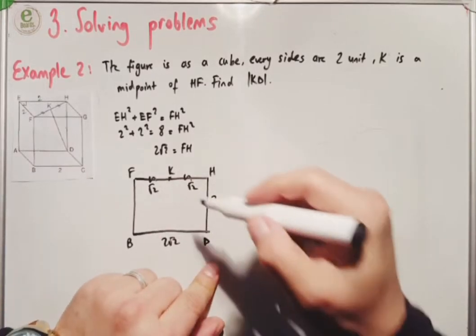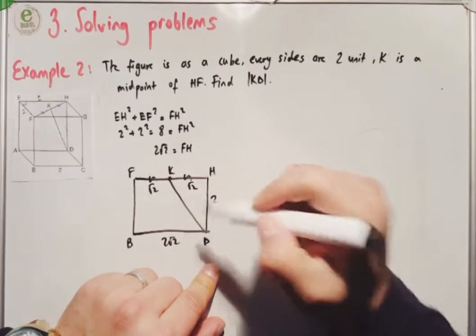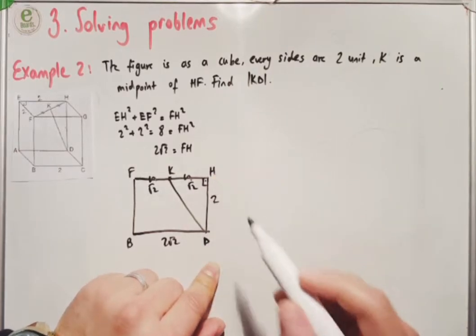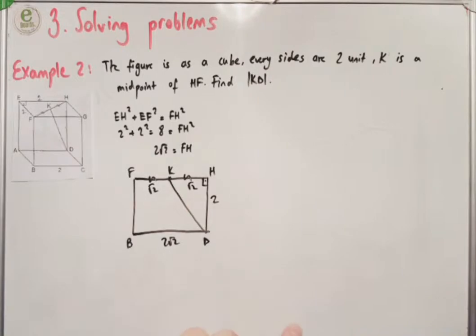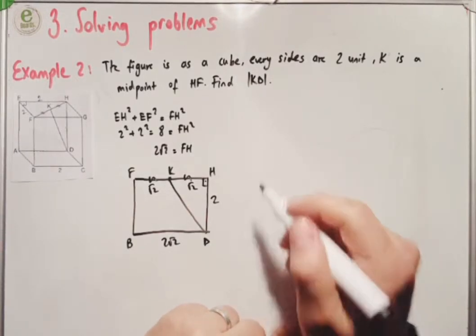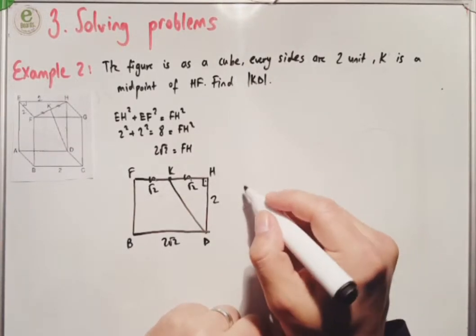When we connect points K and D, we get another right triangle KHD. So we are going to apply the Pythagorean Theorem again.